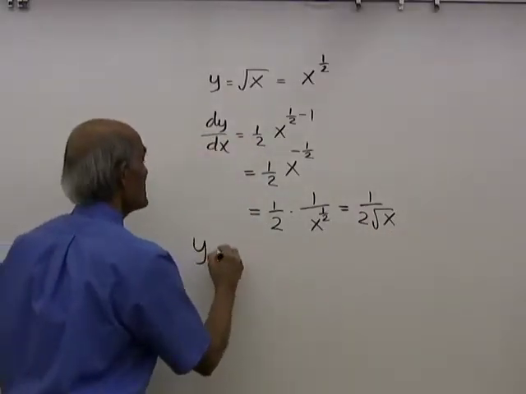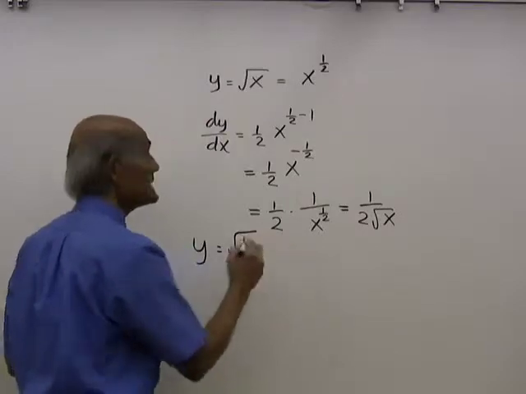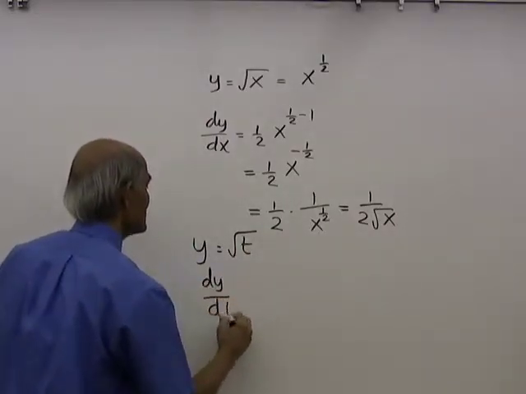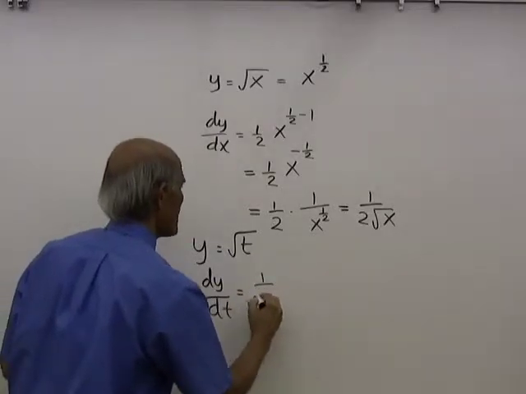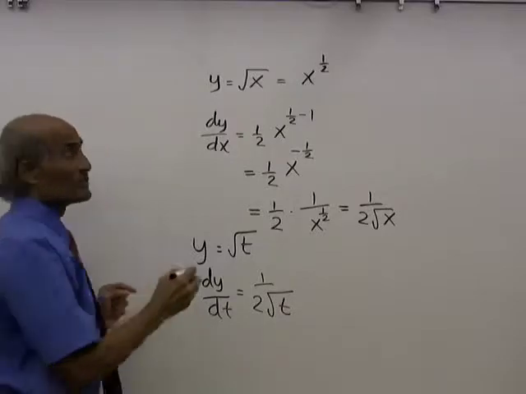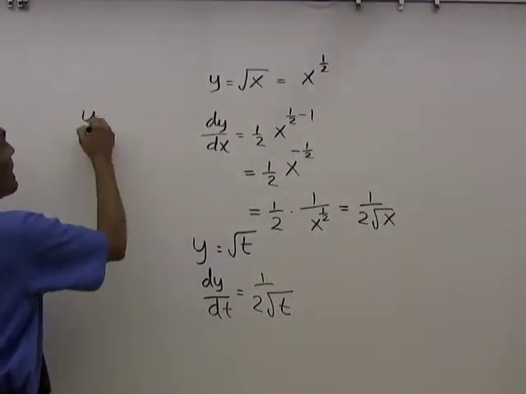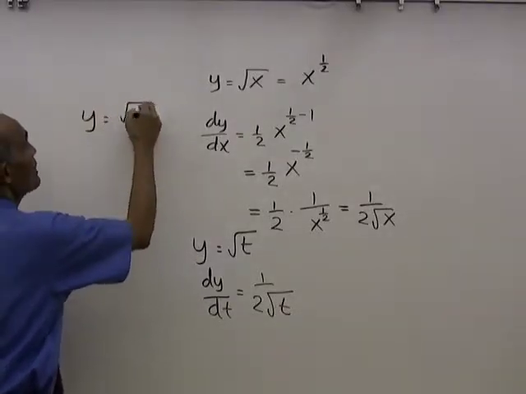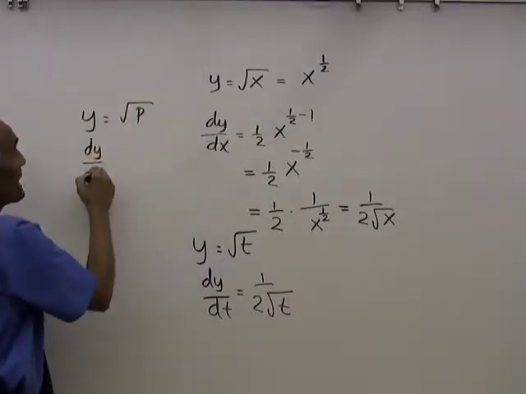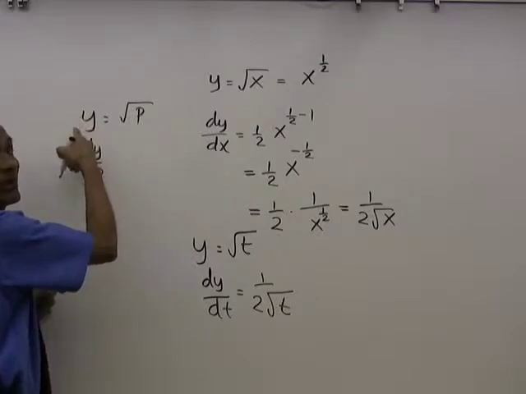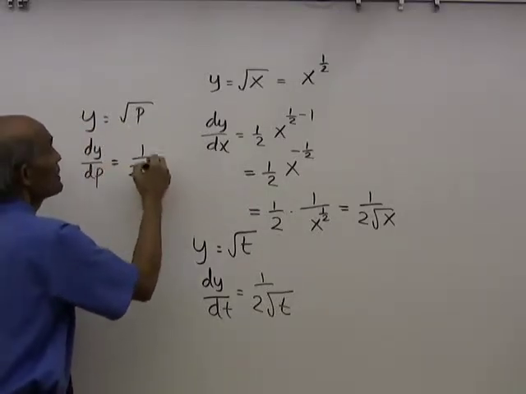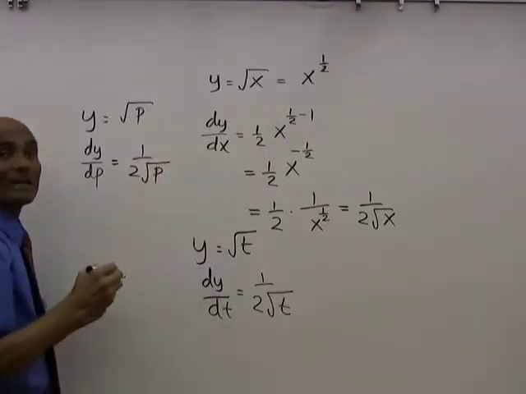If y equal to square root of t, then dy by dt equal to 1 over 2 square root t. Similarly, if y equal to square root of p, then dy by dp, derivative of y with respect to p, is 1 over 2 square root p.